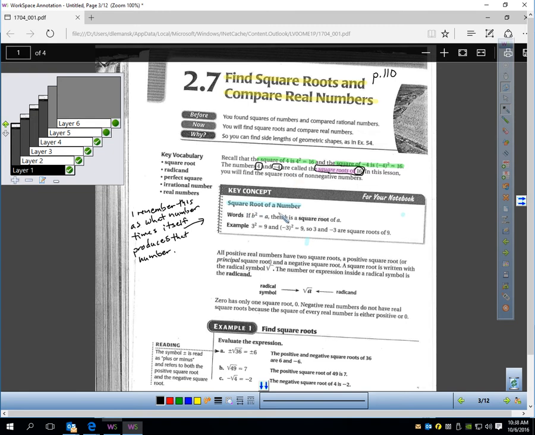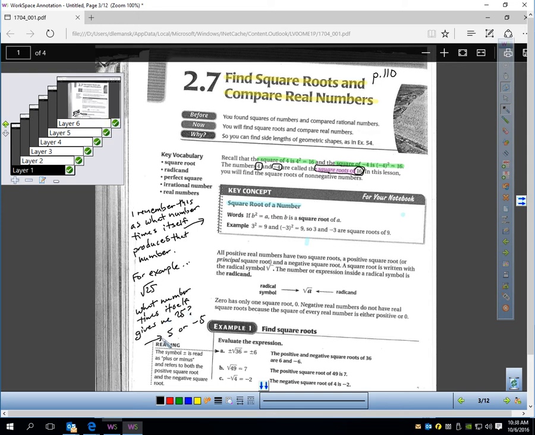So to find the square root of a number, you're simply asking yourself what number times itself gets me that number. That's the square root of a number. For example, let's think about the square root of 25. When you see the symbol, you're being asked what number times itself gives you 25.